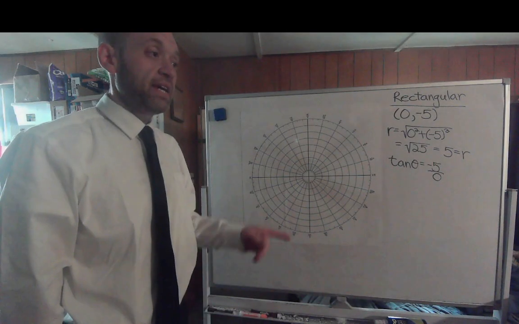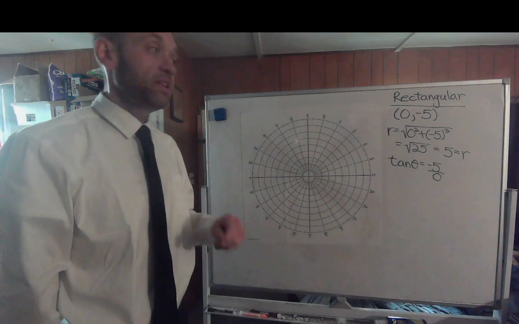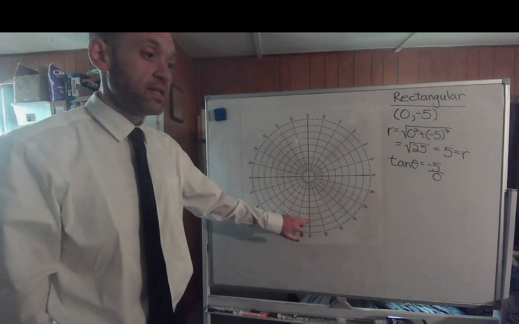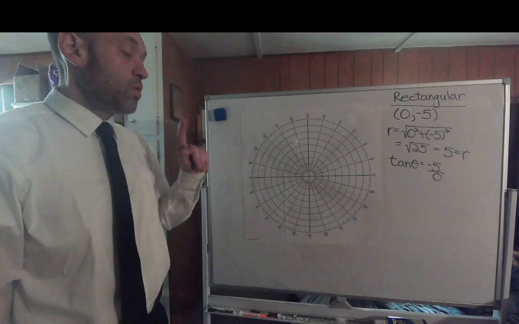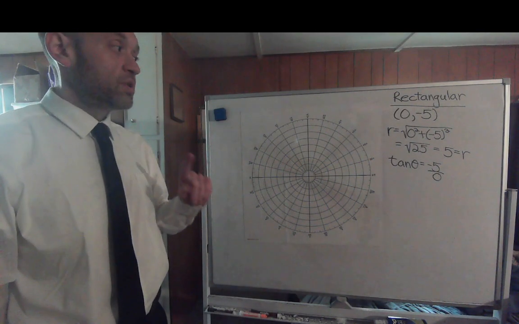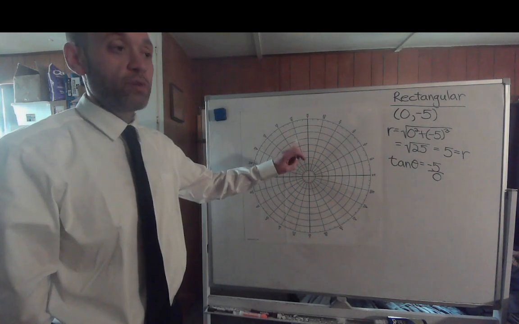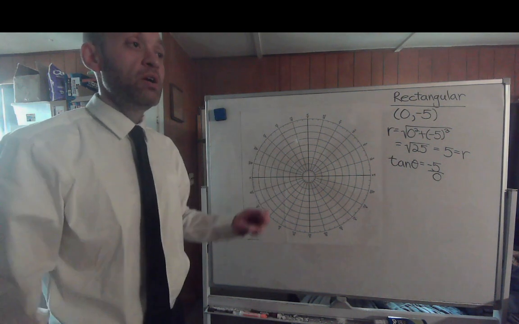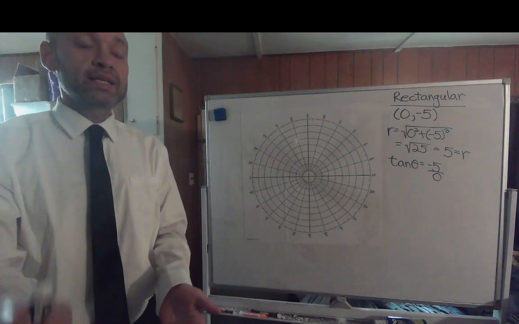Where is the tangent of theta undefined? It's definitely undefined at pi over 2 and 3 pi over 2, isn't it? Okay, so what is normally the coordinate of pi over 2 in the rectangular system? Well, your x-coordinate's normally 0, your y-coordinate's normally positive 1.